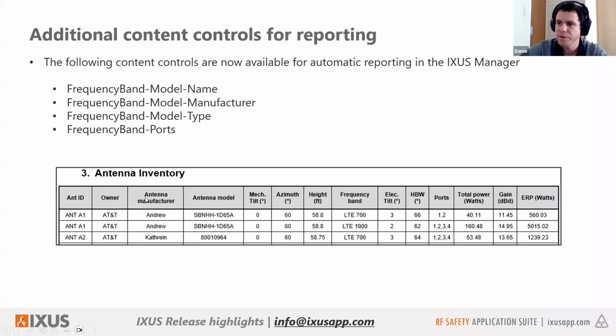Now it's possible to have it in two separate columns. We've also added frequency band ports, essentially for the unified antennas. That's a very important section to have. We're really trying to get this to a point where there's no post-processing necessary in this antenna table when generating the reports.